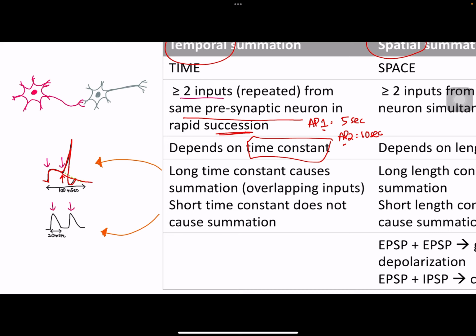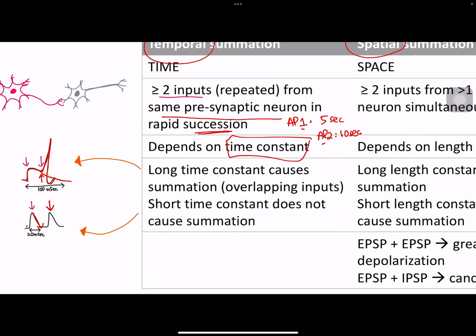But if the action potential has a shorter time constant, and whenever this has already died out and only then the second action potential arrives, it won't overlap with each other. Therefore, it does not cause summation.